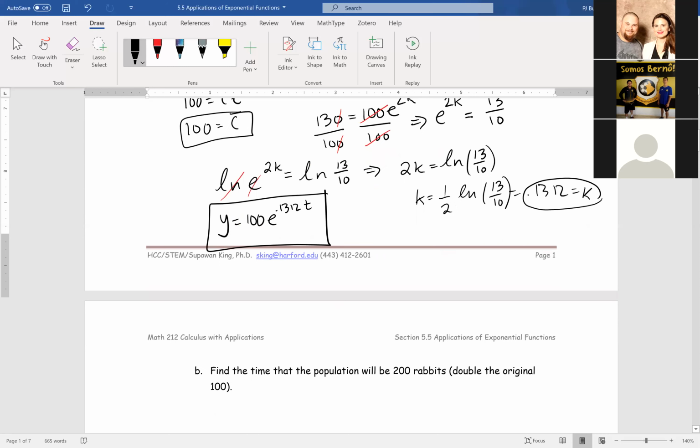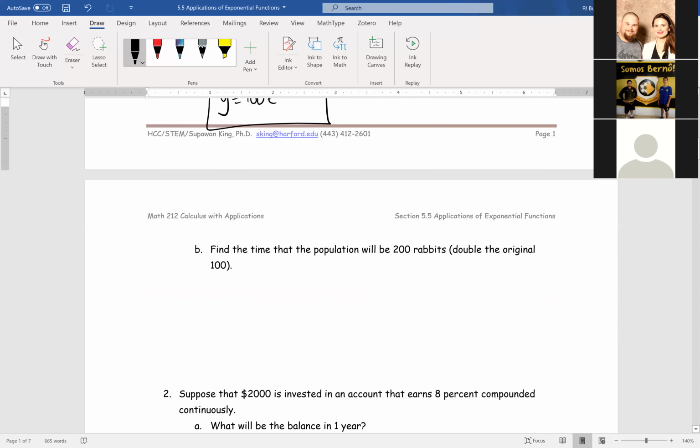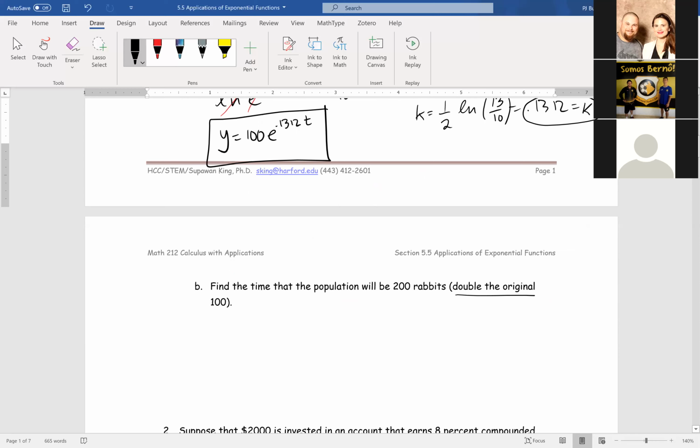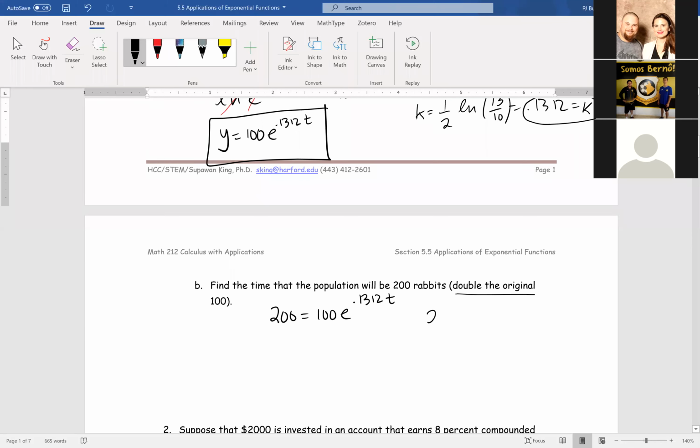All right. And it says, find the time that the population will be 200 rabbits. And notice it says double the original. So we're going to do 200 equals 100 e to the 0.1312 t. Another way that you could approach this is when it says double the original, you could just start immediately with 2 equals the exponential.